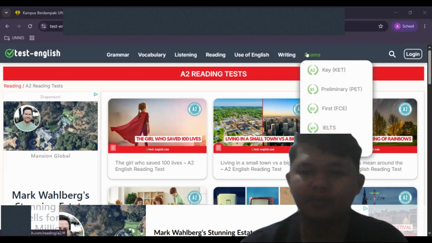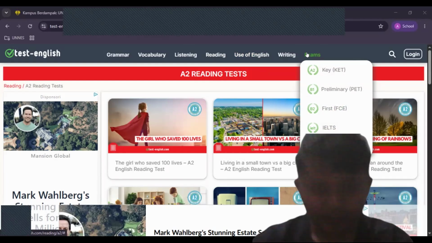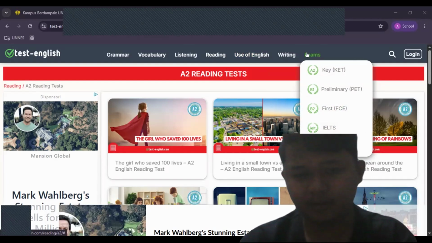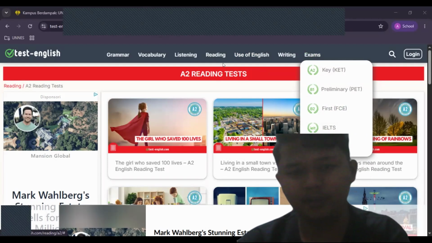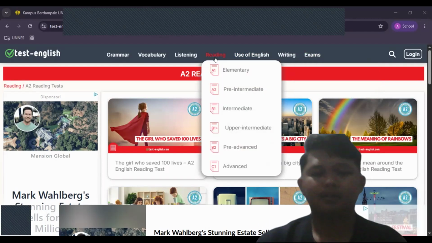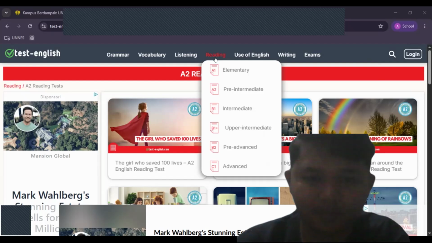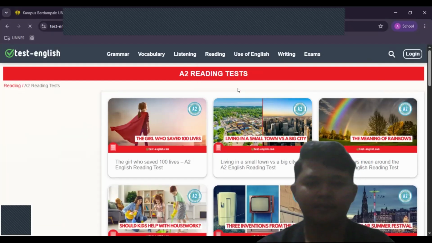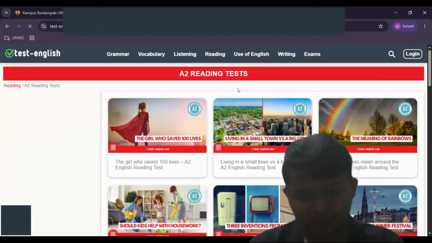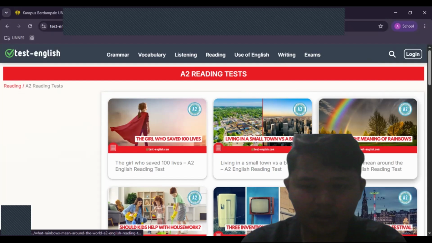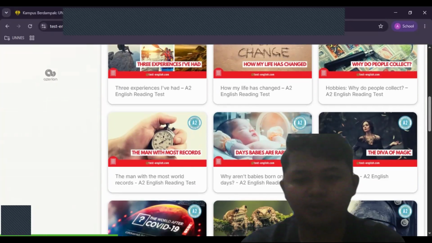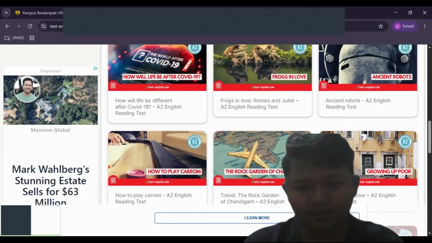It's famous. So because you guys are still at pre-intermediate, and today I said we will learn about reading, let's choose the reading type and click pre-intermediate. And there are some text options that we can use to improve our reading skills.